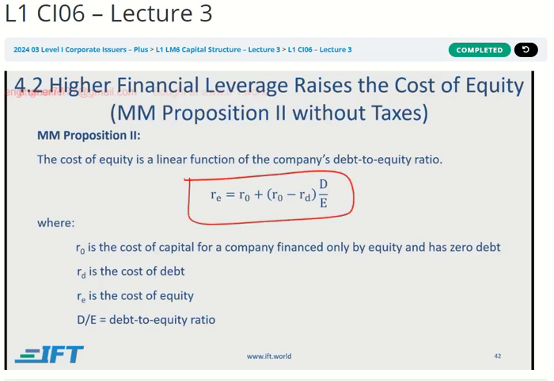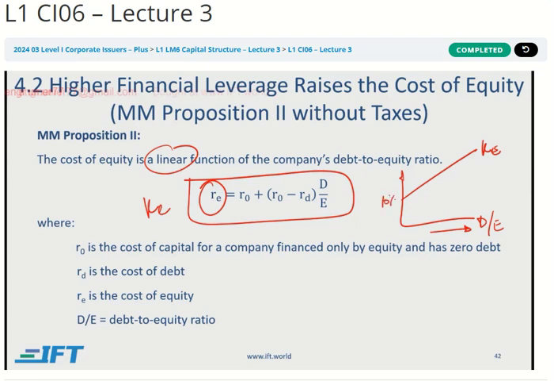Why? Because the cost of equity, or the return on equity, goes up in a linear fashion. As you increase the debt to equity, the cost of equity goes up at a 45-degree angle. So this is, let's say, your cost of equity when you started with zero debt.